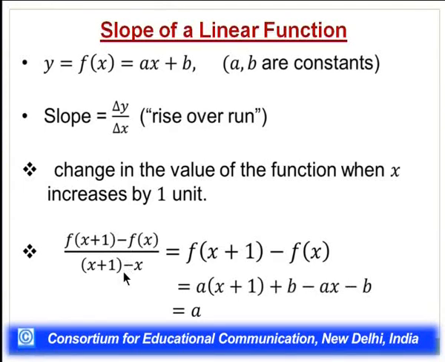Now, if you notice, the denominator is nothing but 1 because the x's cancel out. So, the slope is given by f of x plus 1 minus f of x. Let us substitute for these values from this function. Now, f of x plus 1 would be a times x plus 1 plus b, and f of x is what we have to subtract out from here.